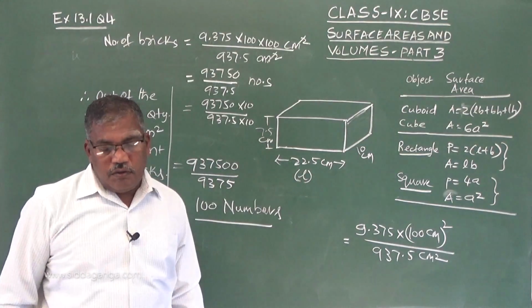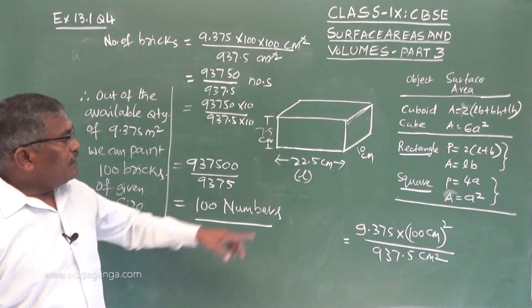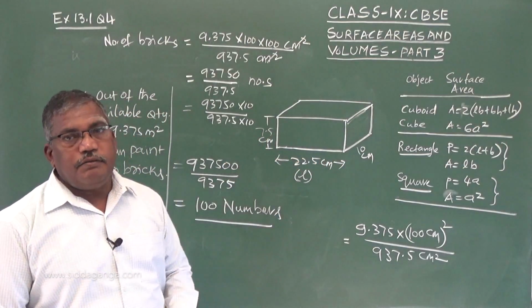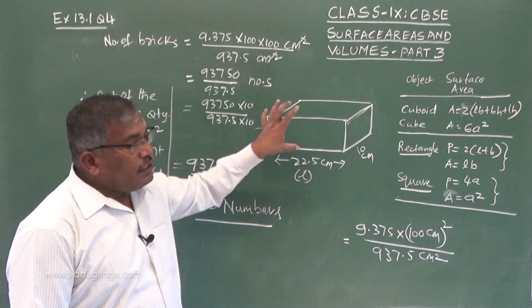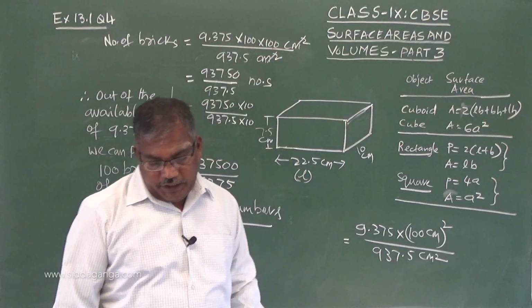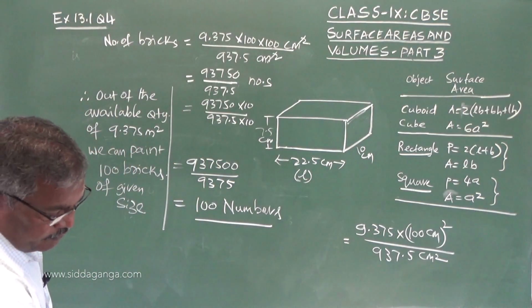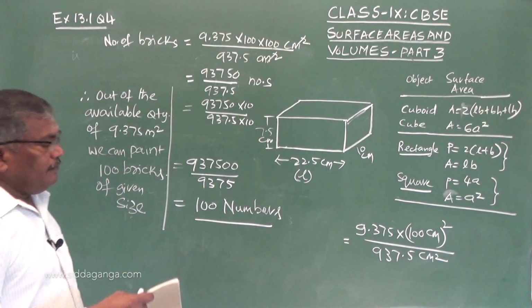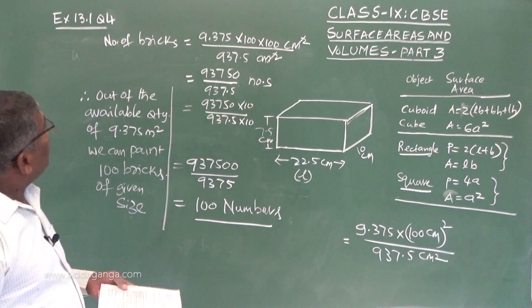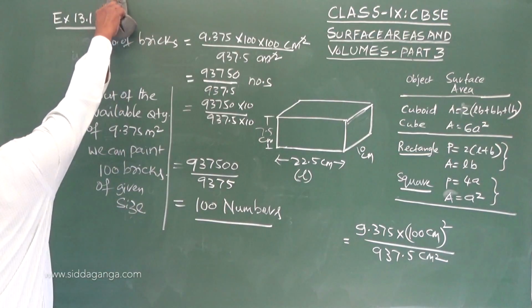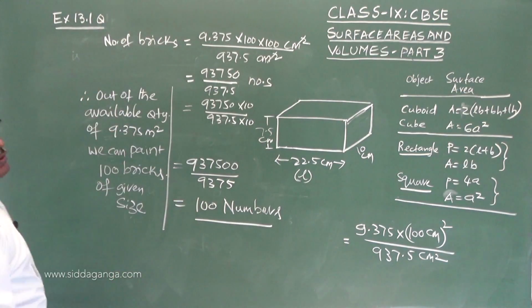So given size means 22.5 into 10 into 7.5. This size, 100 bricks can be painted. So fourth one is over. I will erase this, dear students.